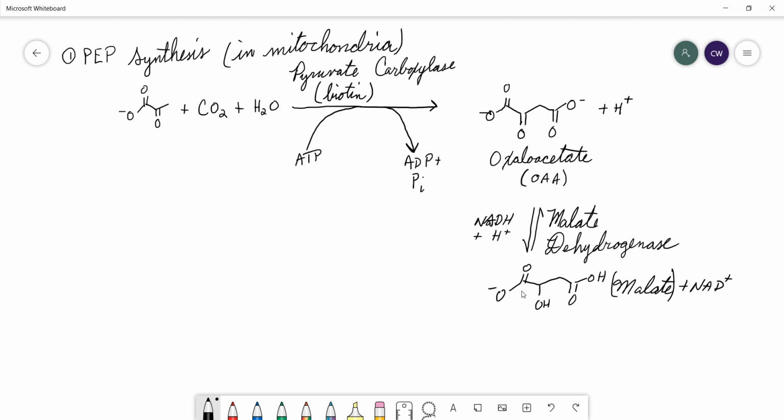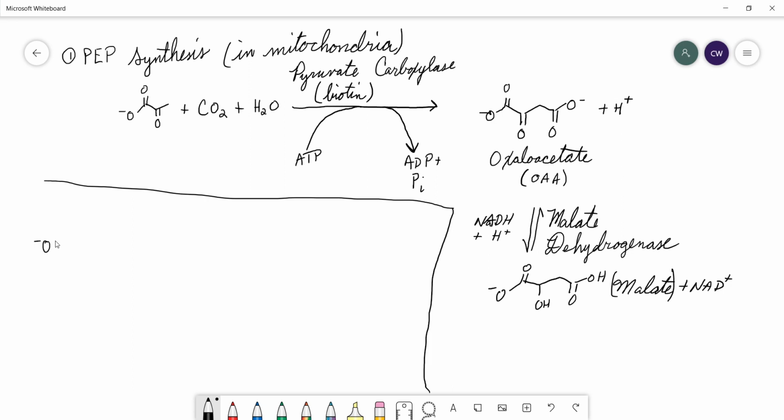And this can be transported across the mitochondrial membrane. And once in the cytoplasm, it's converted back into oxaloacetate, because oxaloacetate is used in the next reaction. This can occur either in the mitochondrion or in the cell to produce our PEP, right?